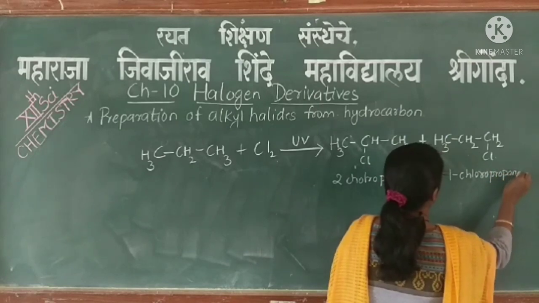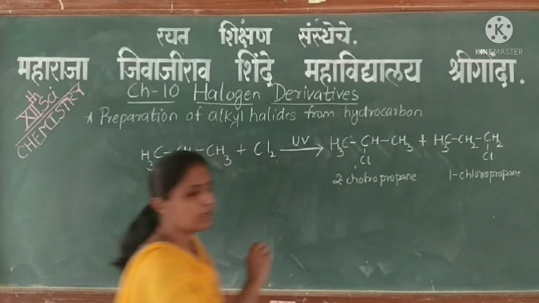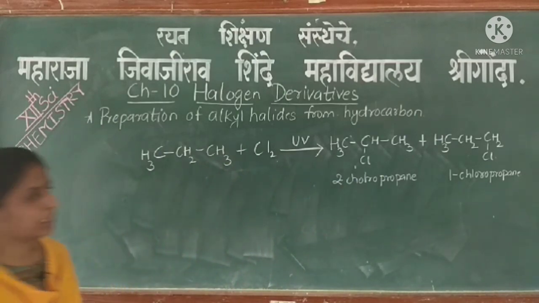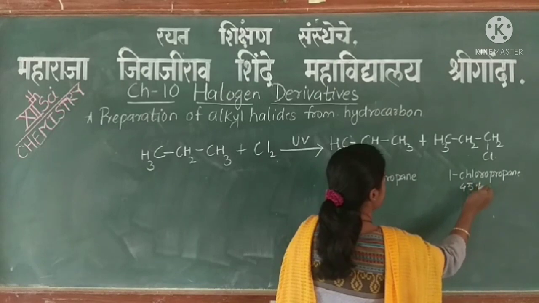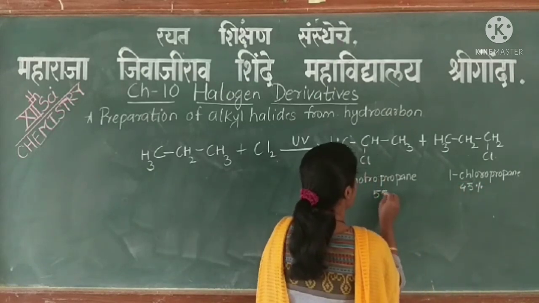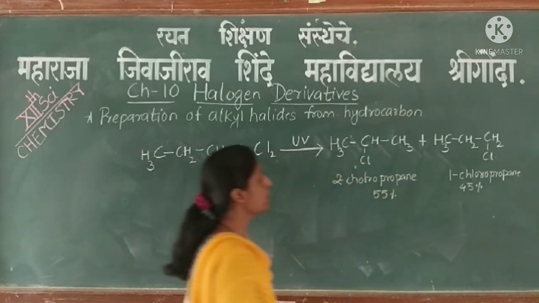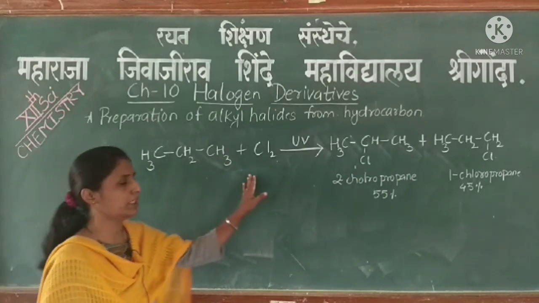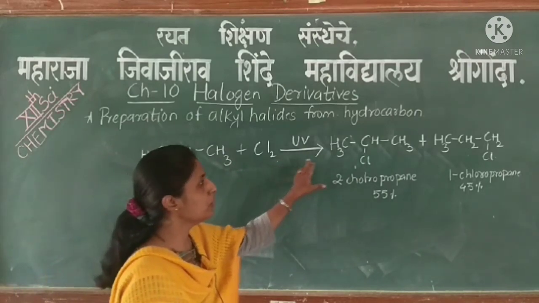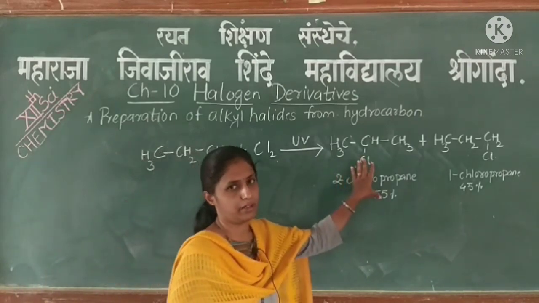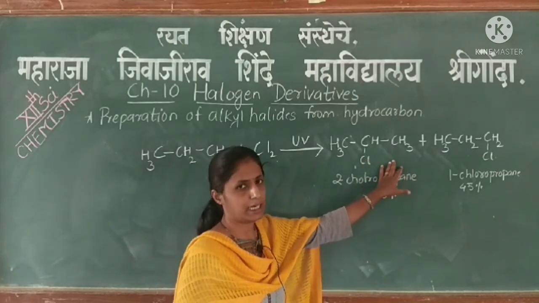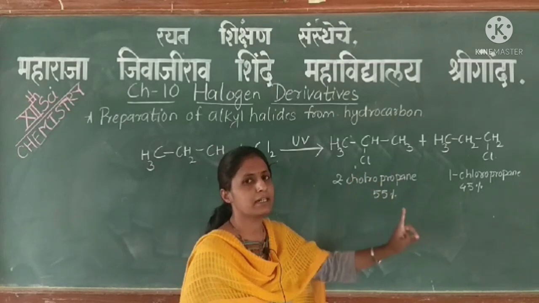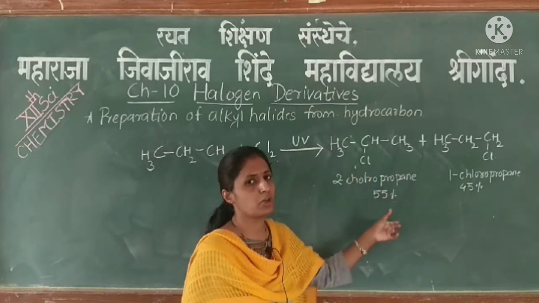You get both the products. This is 45% yield and this is 55%. So when you react propane with chlorine in presence of UV light, you don't get a single product. Here you are getting a monosubstituted alkyl halide, but you are getting a mixture of products.